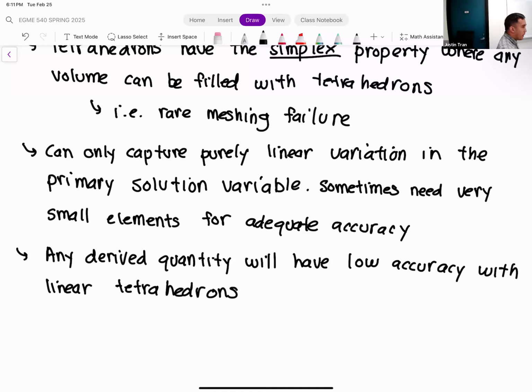So any solution that depends on the derivative of the primary variable, things like strains and stresses, is going to have even lower accuracy. The reason is that if you take the derivative of our linear shape function, you end up with a constant value.